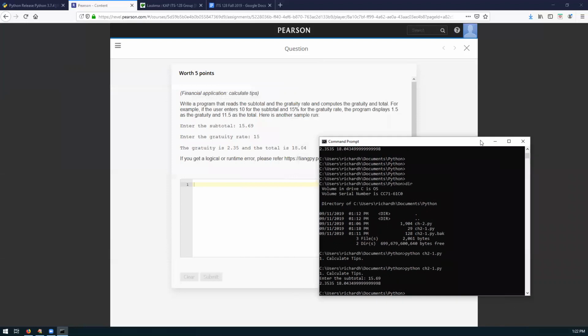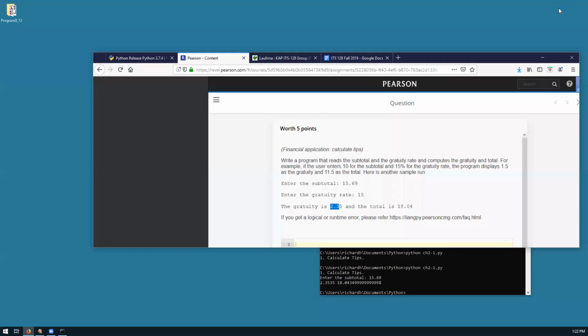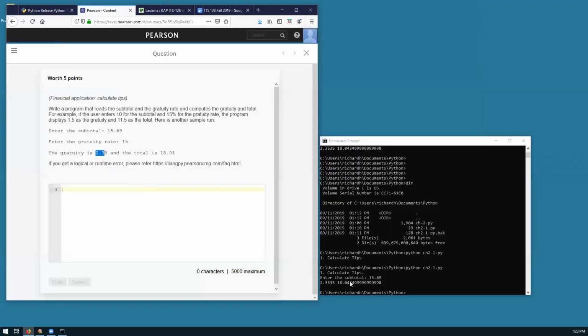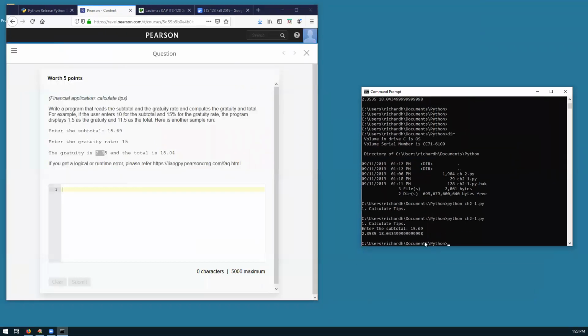It's supposed to calculate the tip as 2.35 instead of 2.3535, and it calculated 18.04. It's okay. So the trick is, how do you make it look like this instead of like this?